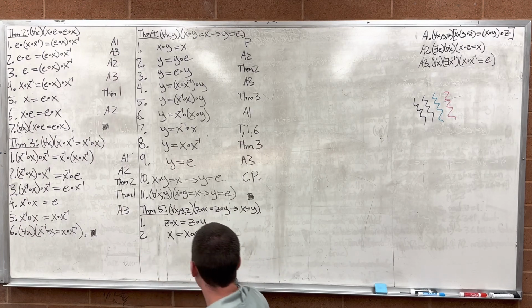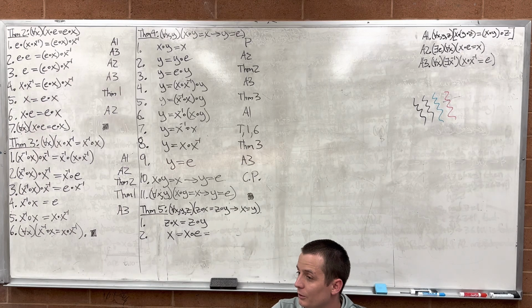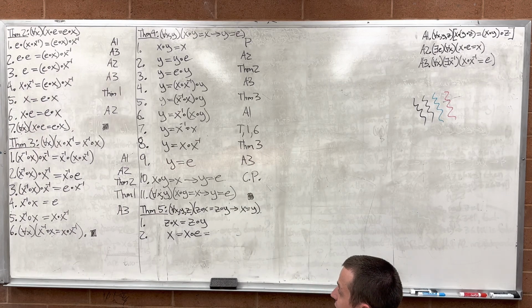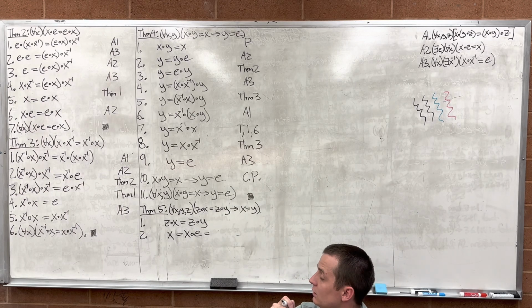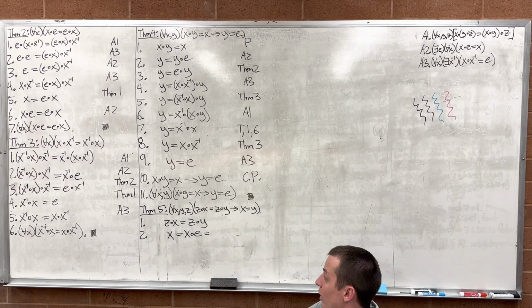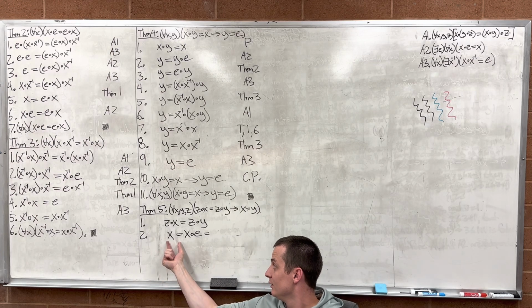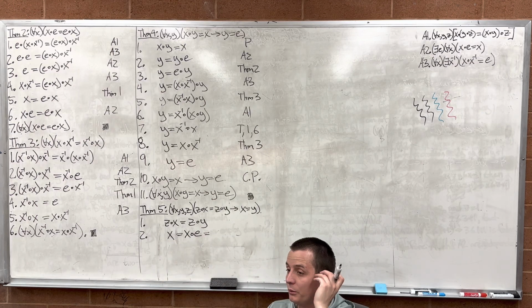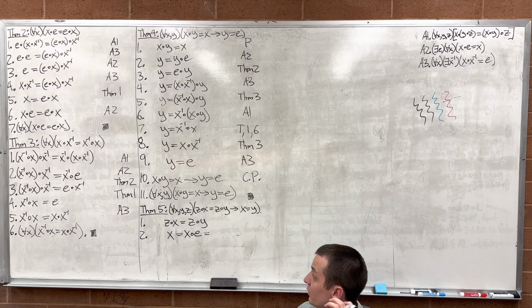Okay, let's do a couple steps in one. So x is equal to x compose e. What's that equal to? I know I've got to get the z's in here somehow. Because somewhere along the way, I'm going to have to take an x compose z and replace it with a z compose x and replace it with a z compose y?